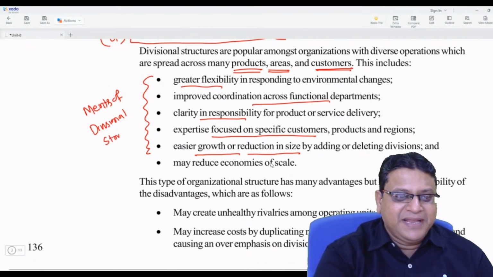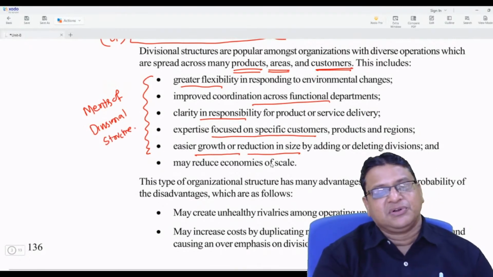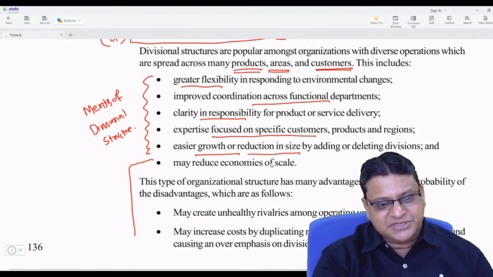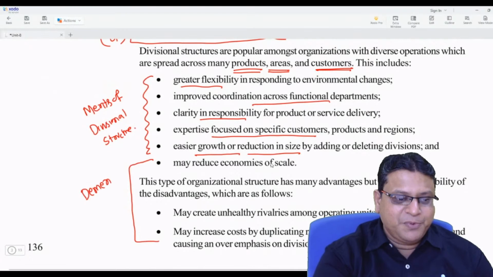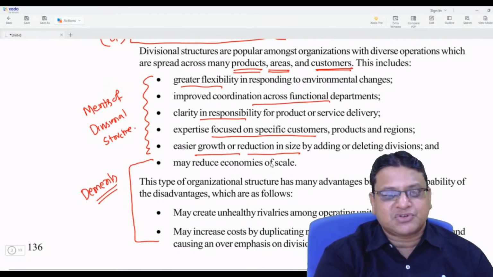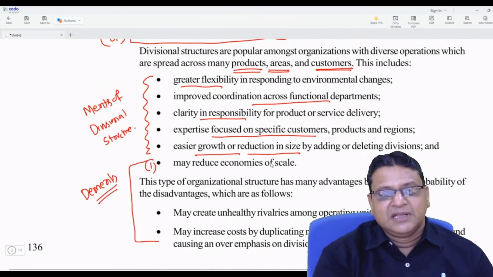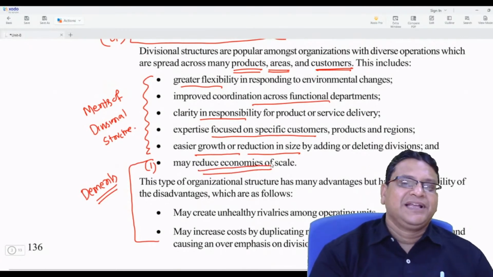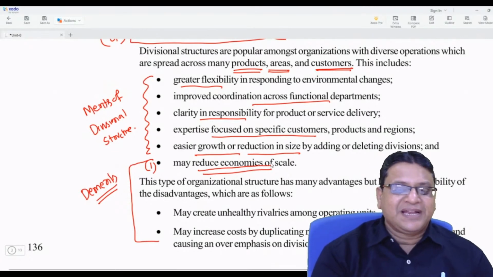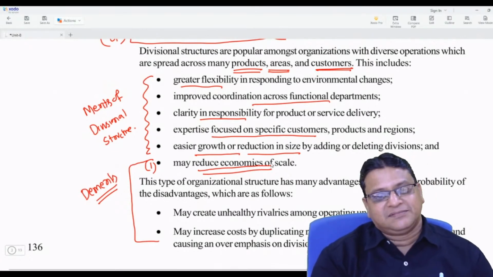Now there are certain demerits of divisional structure. What are the demerits? The first important demerit is that it may reduce economies of scale. In functional structure, you can get economies of scale.